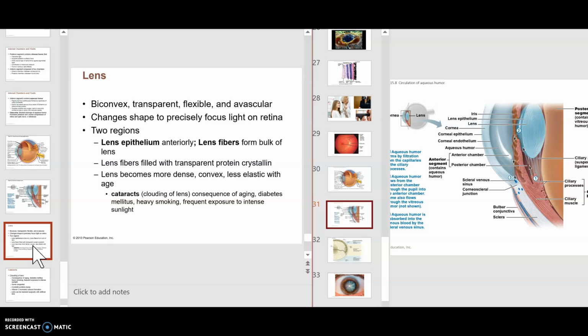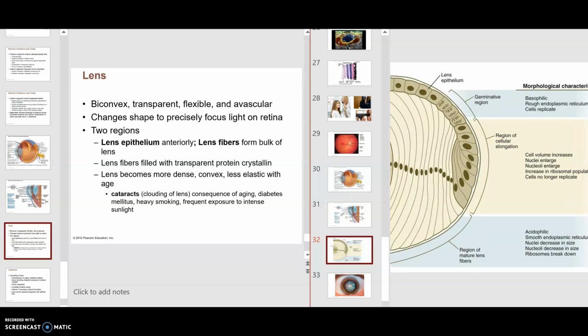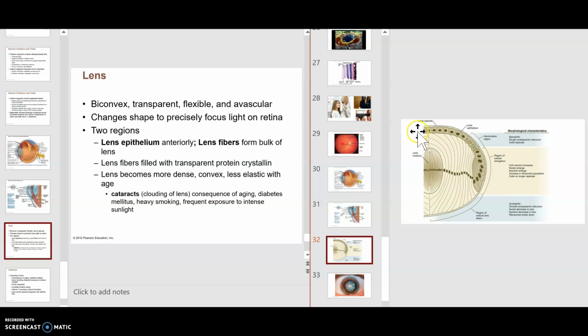Okay. So now we go to the lens. Here would be the lens. You see these cuboidal cells here that are constantly turning over. Now this would be where light is coming in from the front.